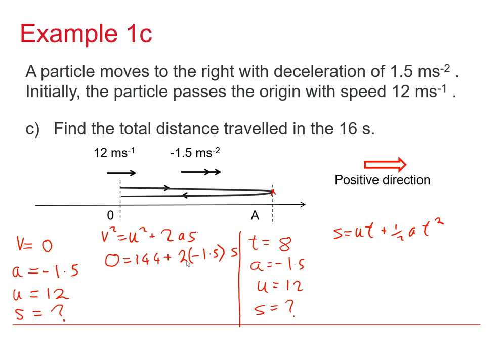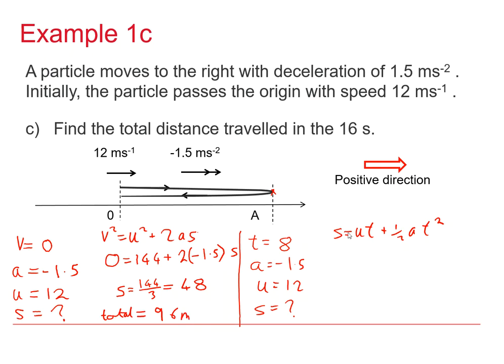So, well, 2 times minus 1.5 is minus 3, so that's 144 minus 3s. So that means that s is going to be 144 over 3, which is 48 meters. But bear in mind, that's just for the first half of the journey. It then travels 48 meters again in the other direction. So the total distance travelled is double that, which is 96 meters.